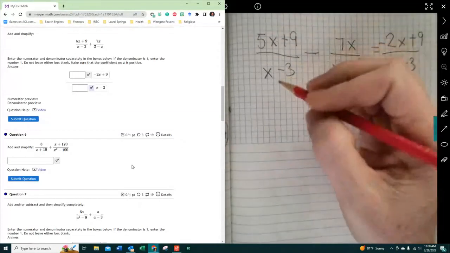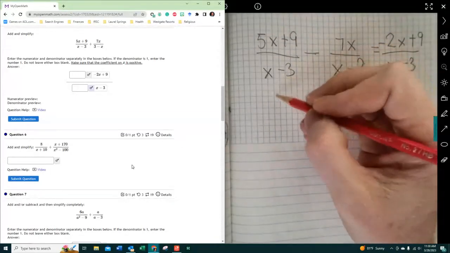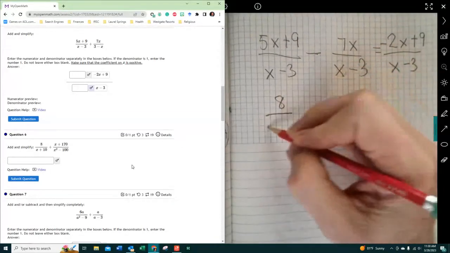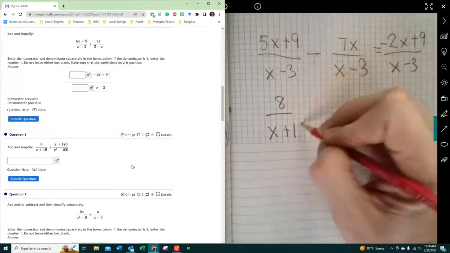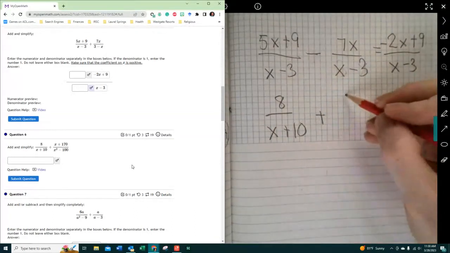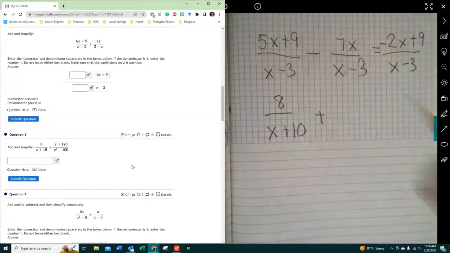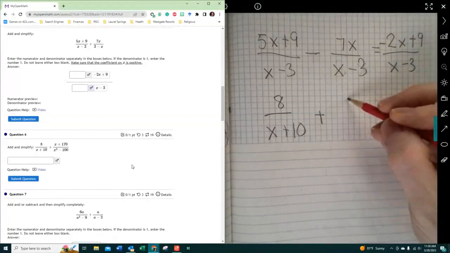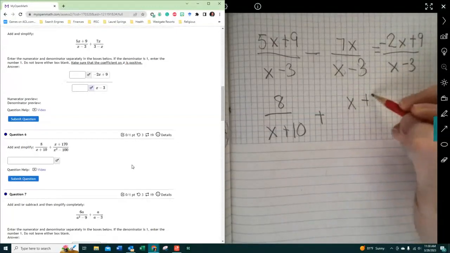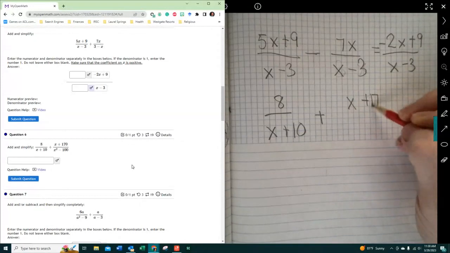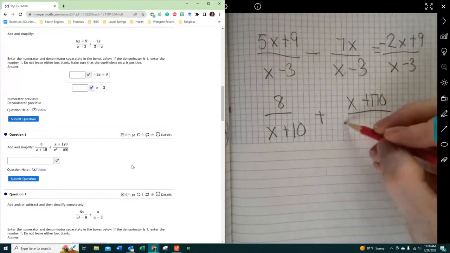All right, now in this one, we're going to go ahead and have to factor. So here is the process. We've got to come up with a common denominator because they're not common right now. But let's take a look at this and see that this is the difference of two squares.